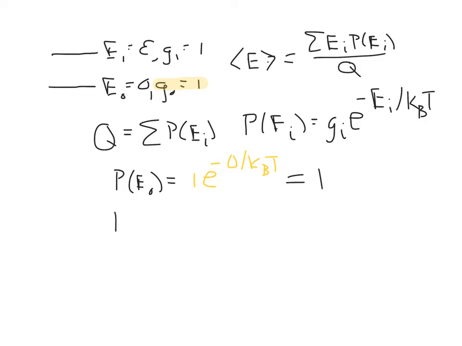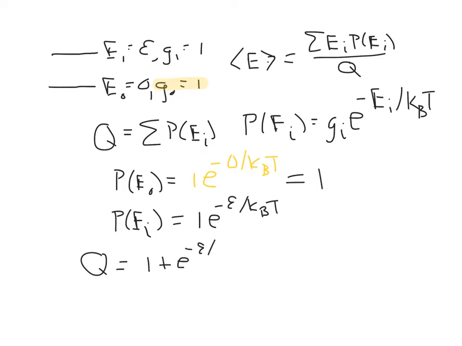The probability of the first excited state is likewise 1 times e to the minus epsilon divided by kBT. And so our partition function is equal to 1 plus e to the minus epsilon divided by kBT.